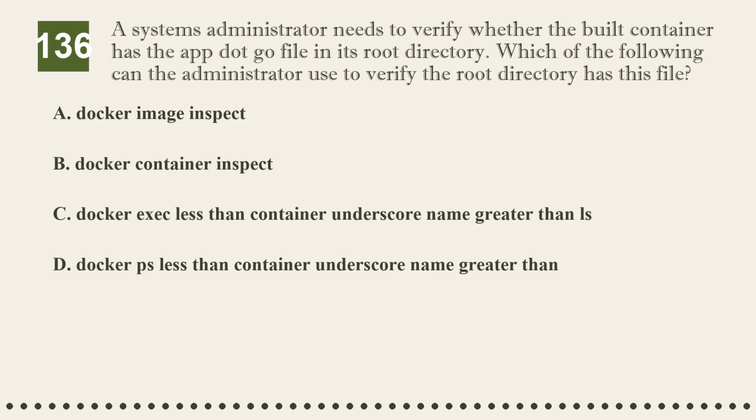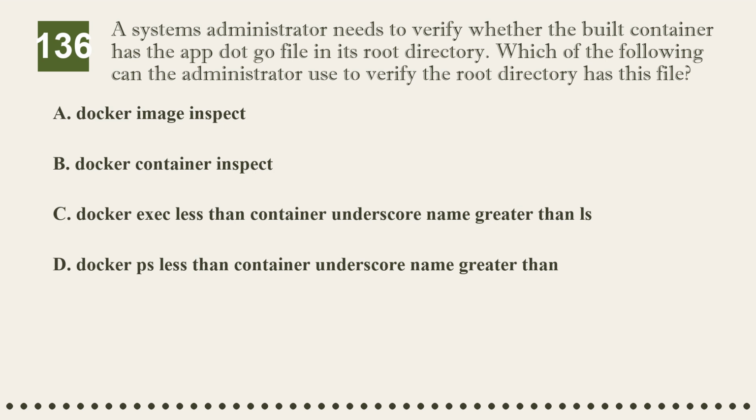Question 136. A systems administrator needs to verify whether the built container has the app.go file in its root directory. Which of the following can the administrator use to verify the root directory has this file? Option A, docker image inspect. Option B, docker container inspect. Option C, docker exec <container_name> ls.